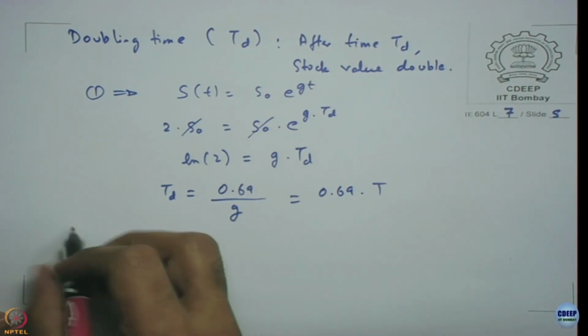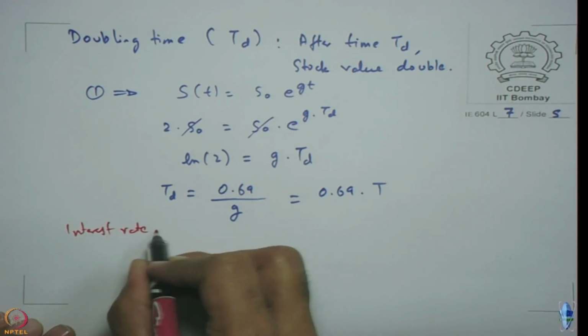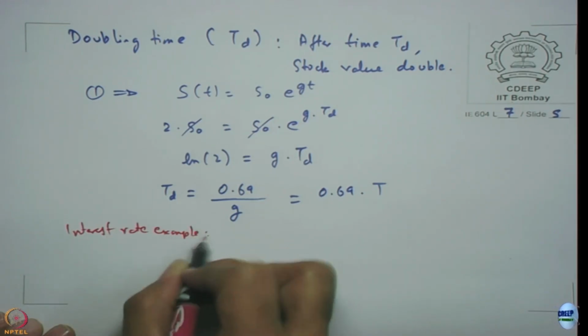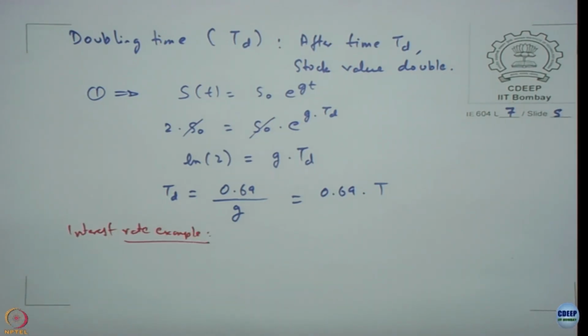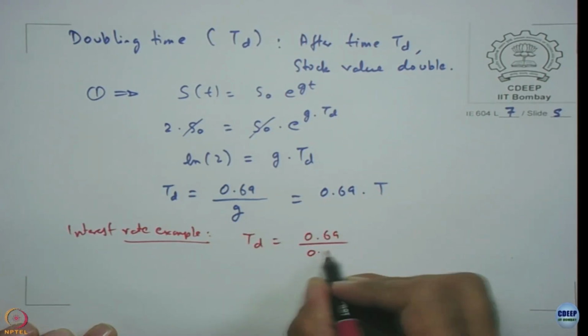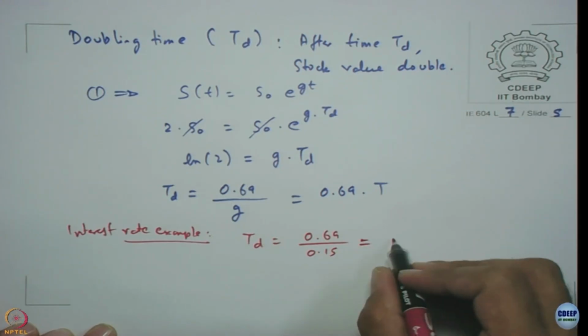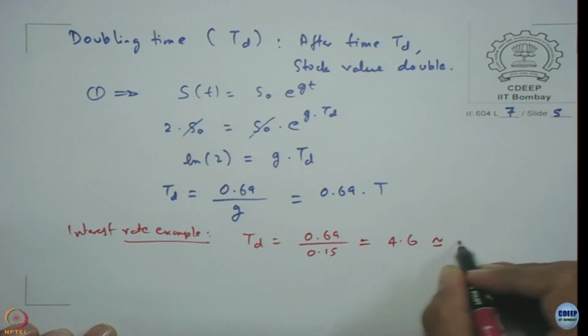So for example, in our interest rate example, Td is 0.69 divided by 0.15, g is 0.15, which is about 4.6.